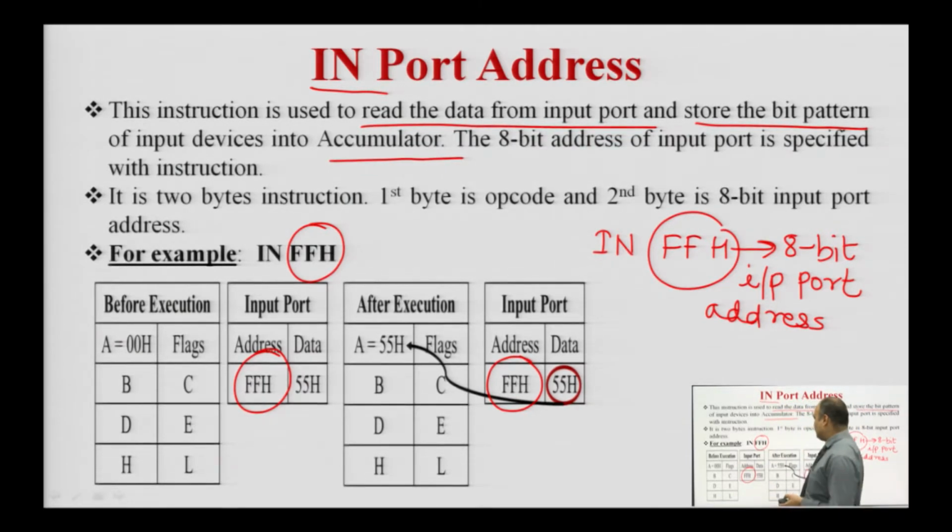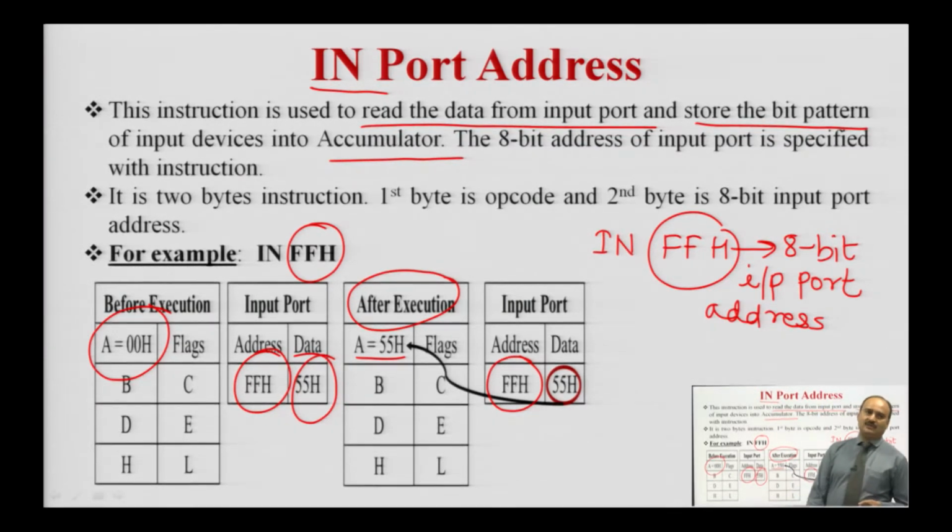Before the execution of this instruction, the content of accumulator A is 0, the port address specified is FFH, and the data present at this input port is 55H. After the execution of this instruction, the content of the input port, 55H, is loaded into the accumulator.